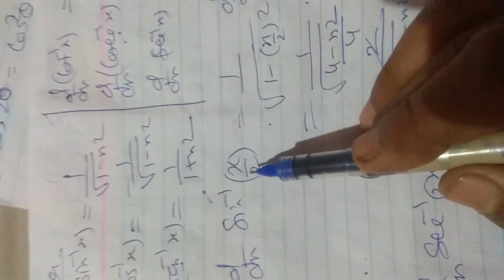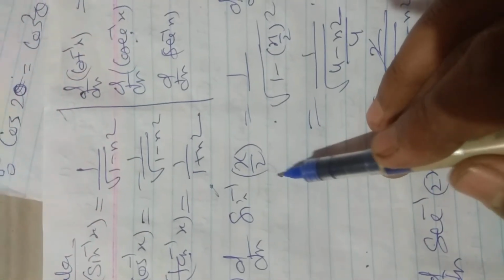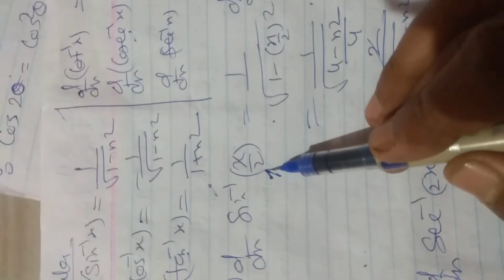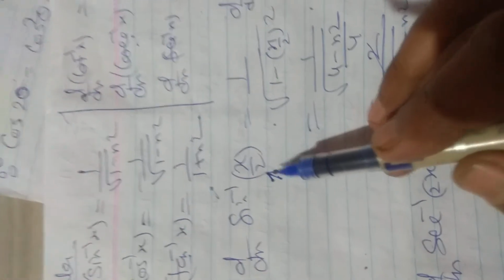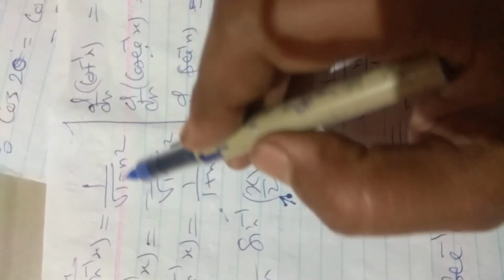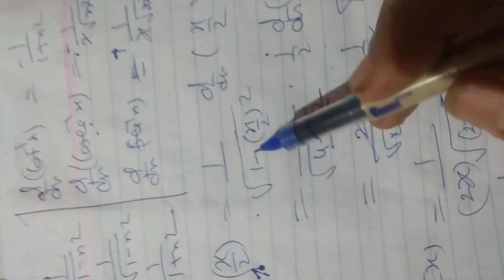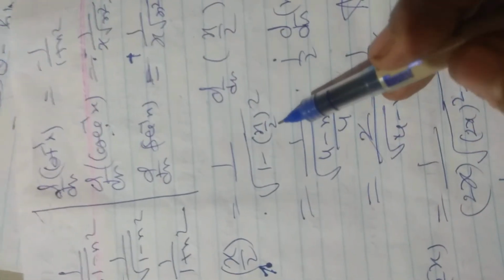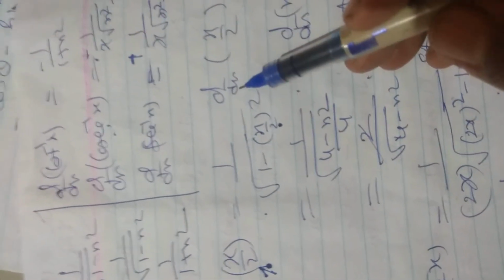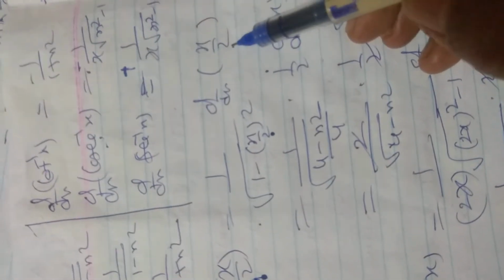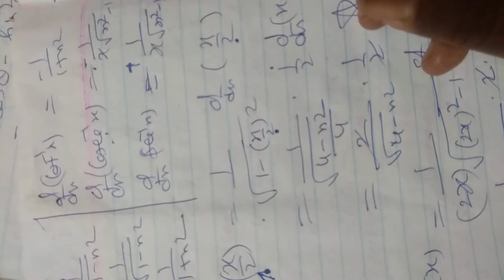How can we differentiate them? By the chain rule. We want to differentiate sin inverse of x by 2. In place of x we have x by 2, so we can differentiate by the chain rule. The derivative of sin inverse x is 1 upon root 1 minus x square, so we use 1 upon root 1 minus x square with x replaced by x by 2, and then the derivative of x by 2. That method is called the chain rule.